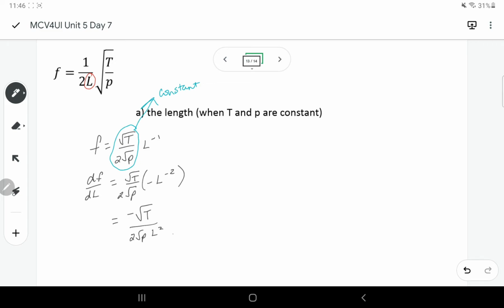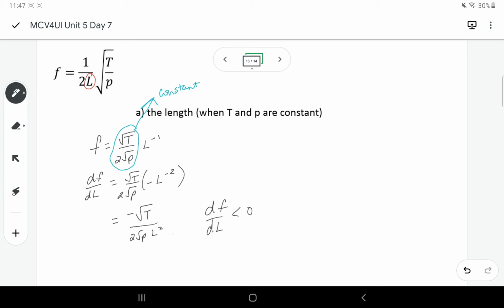Looking at df/dl, the last question asks what the relationship is between these. We see that this square root is always positive, 2 root P will always be positive, and L squared will always be positive. So the negative means that the whole derivative, df/dl, will always be negative.